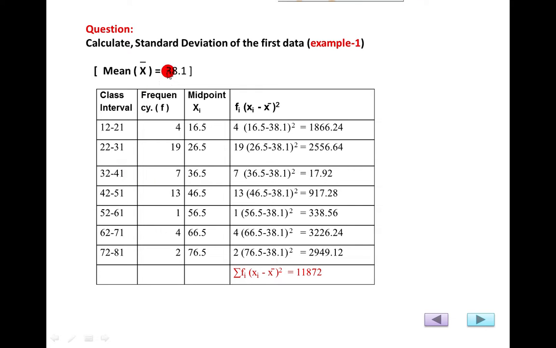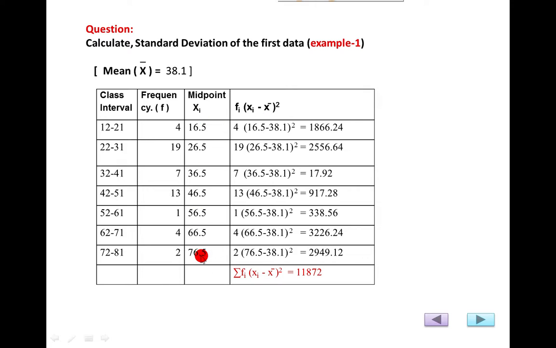And this is the frequency distribution table. We will draw the columns according to the requirement due to the shortage of space. This is the class interval of the first data. This is the frequency. We will use the frequency and the midpoint in the standard deviation, because you know that we require this term, fi into xi minus x bar whole square.